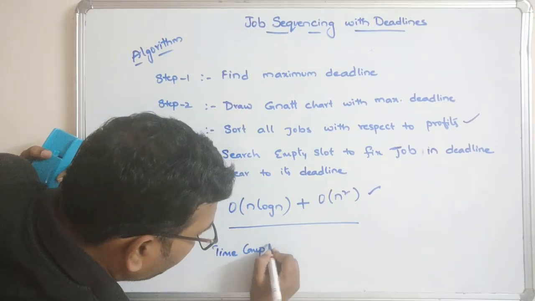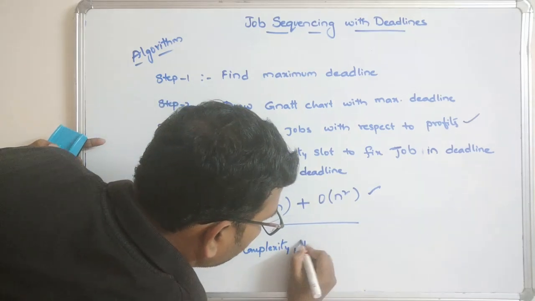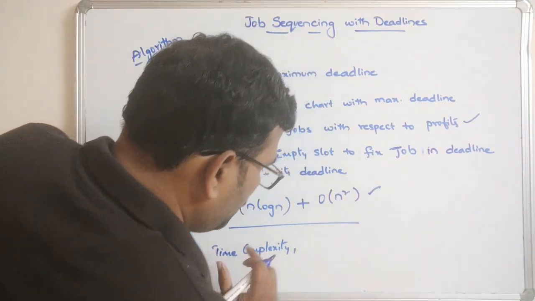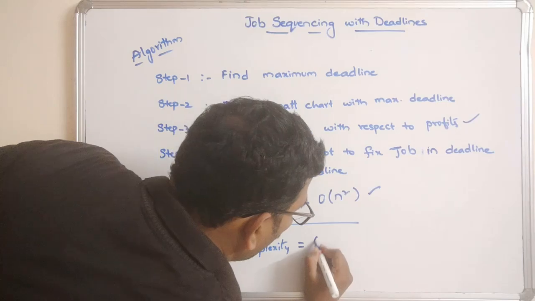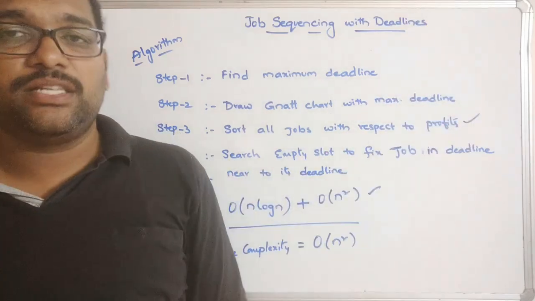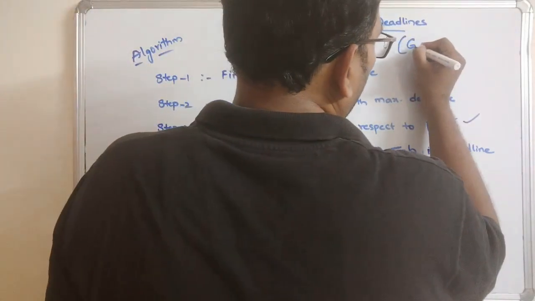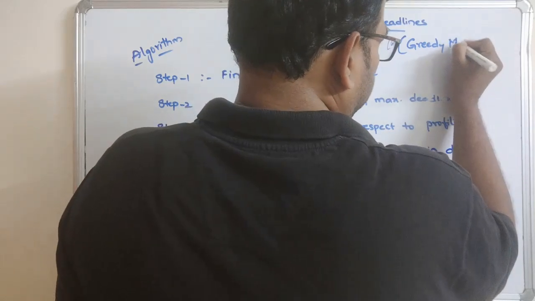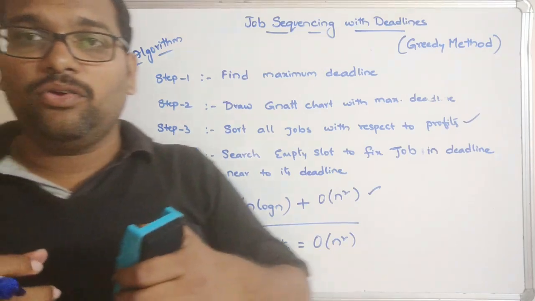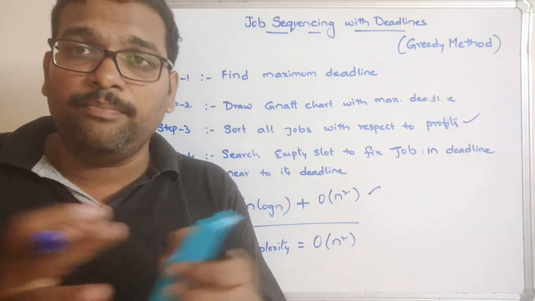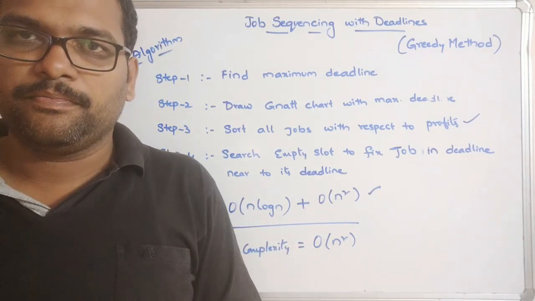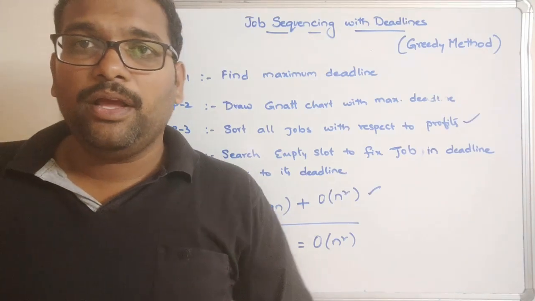So the time complexity is order of n square for this job sequencing with deadlines, and we have followed the greedy method. That means finding the feasible solutions, and from those feasible solutions we are selecting the optimal or best solution.